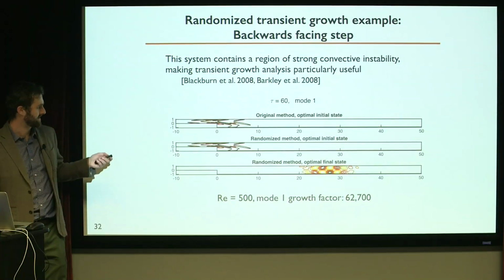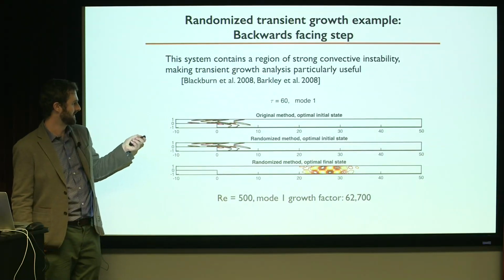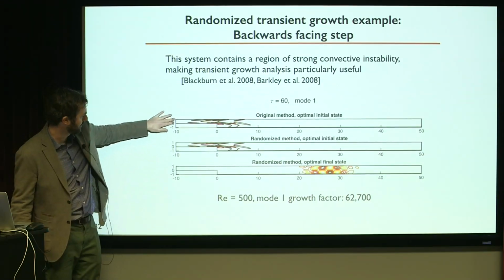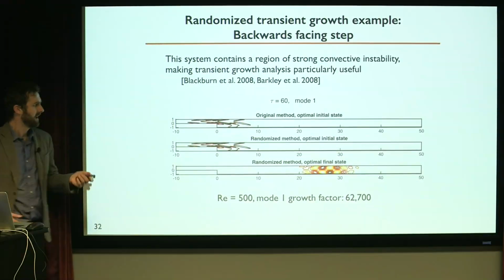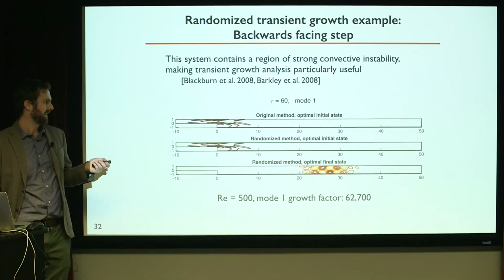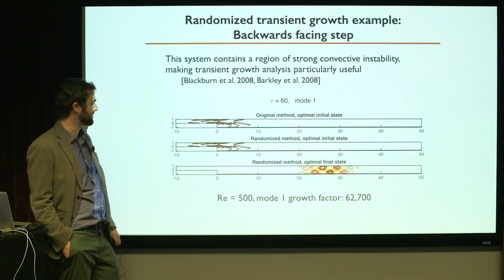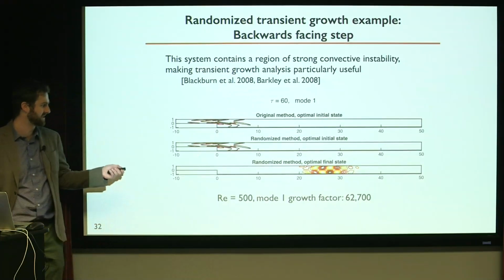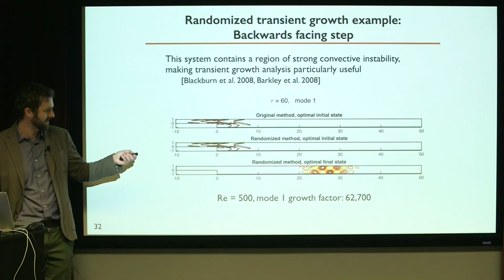And then I can show some results. So what we're looking at here is flow over what's known as a backwards-facing step. So we have flow through a channel, and then all of a sudden the channel gets wider. And if I ask what is the worst case initial condition that gives rise to the largest growth in energy, from standard methods, we get something that looks like this.